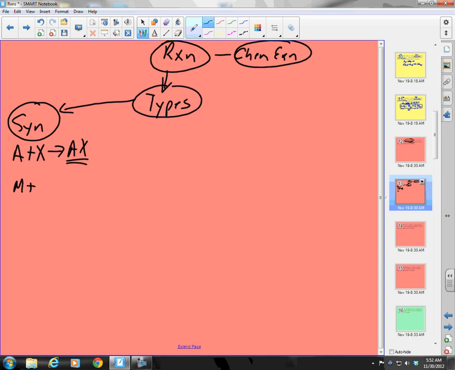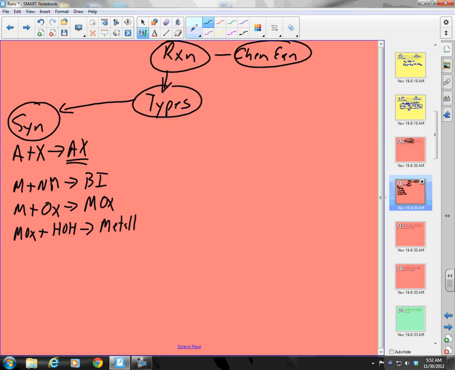There's a metal plus a non-metal, and we've predicted that will make a binary ionic. There is a metal plus oxygen, and that will make a metal oxide. There is a metal oxide plus water, and that will make a base, a metallic hydroxide.